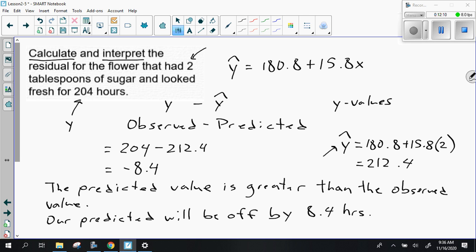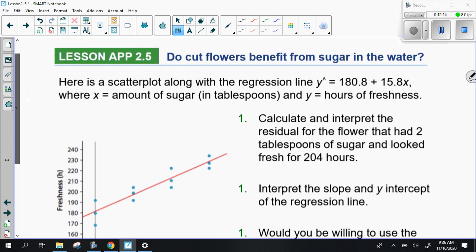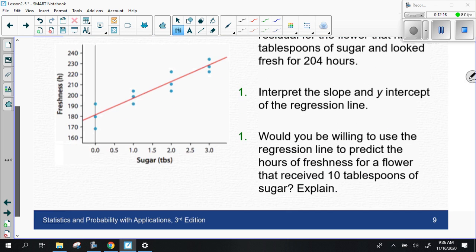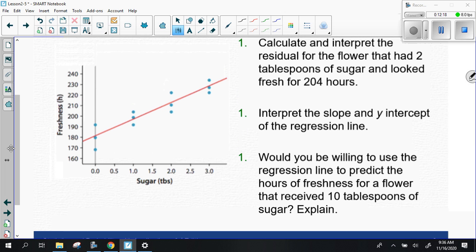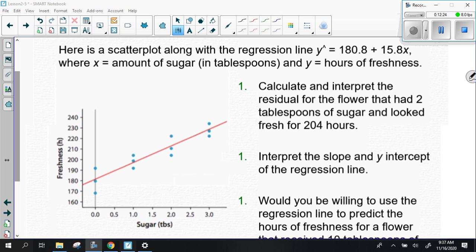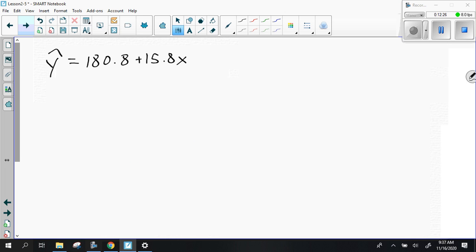All right, so the next thing that we need to talk about is interpreting the slope and y-intercept of this regression line. So let's get this out on a new page and have a look at it. First of all, let's identify that our y-intercept in this case is 180.8, and our slope is 15.8.